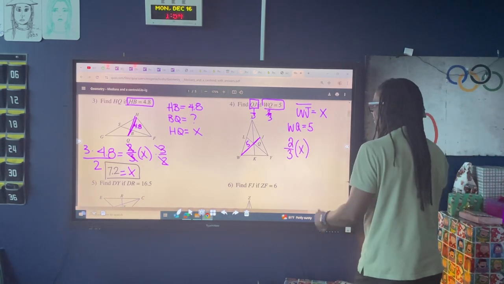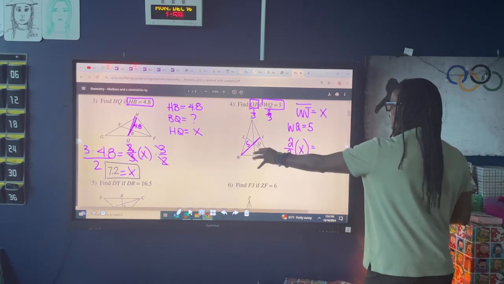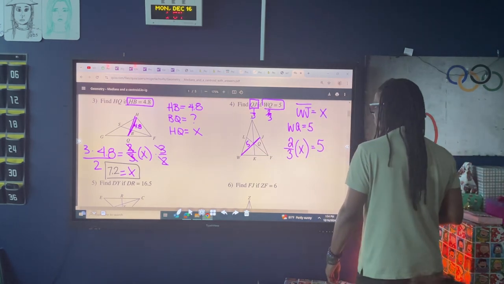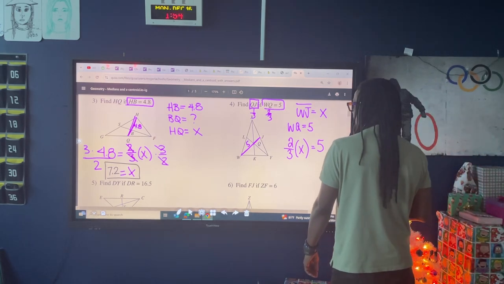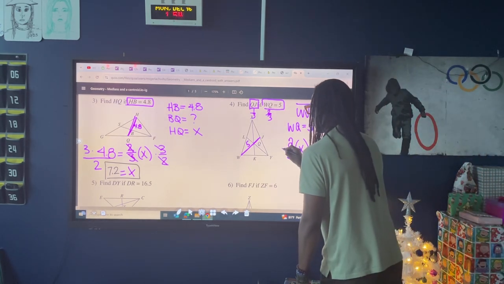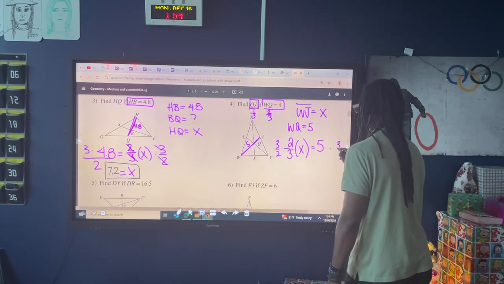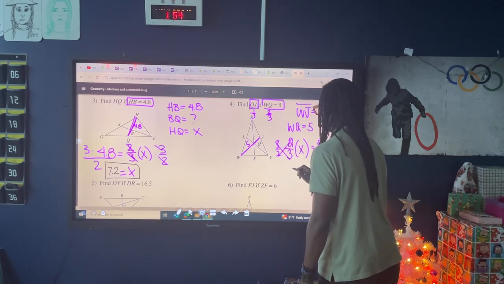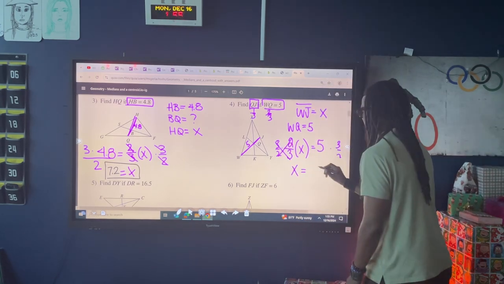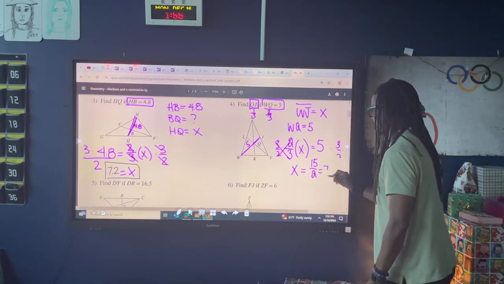Two-thirds of X equals what? What's 2/3 of X? 5. Very good. Take the reciprocal, 3 over 2. Half of 5 is 2.5. X is 15 over 2, or in other words, 7.5.